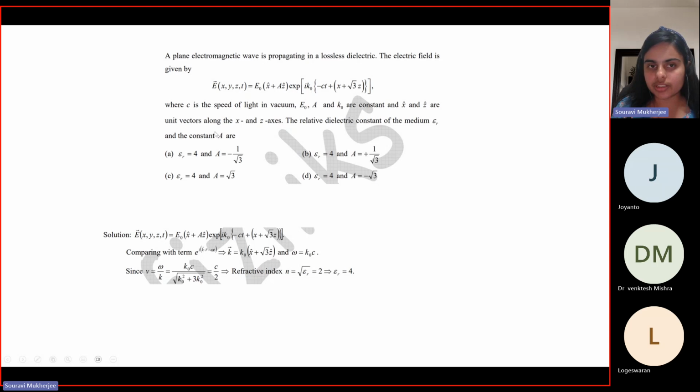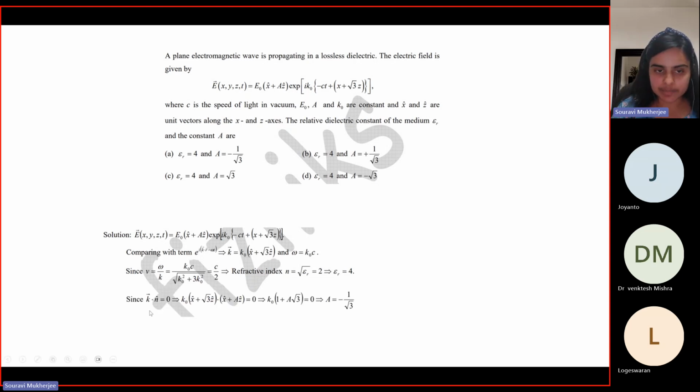Now the next question is, what is A? So how do we find A? For this part of the question, we have to see what additional information the question has. In electromagnetic waves, we know that the wave is a transverse wave. That means the direction of your electric field should be perpendicular to the direction of propagation, right?